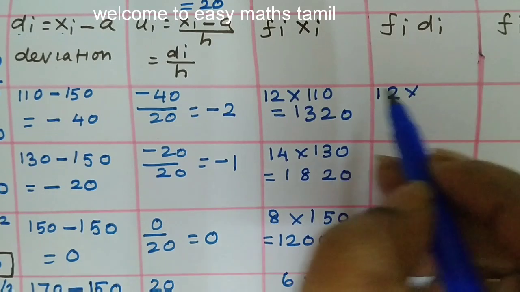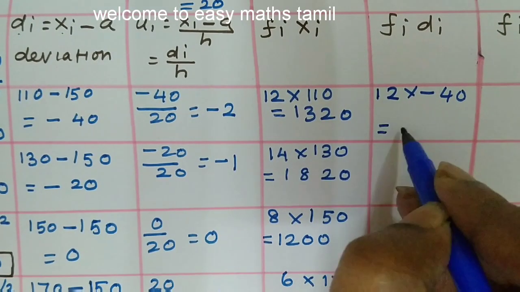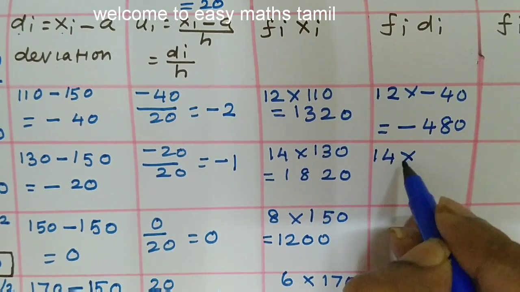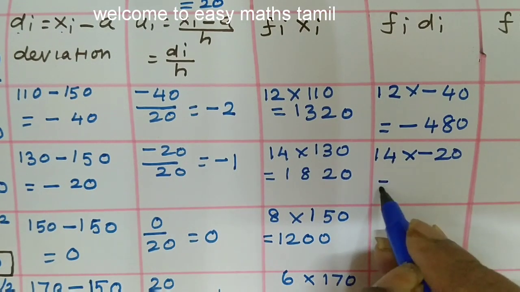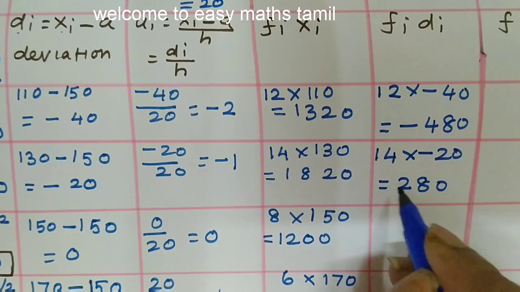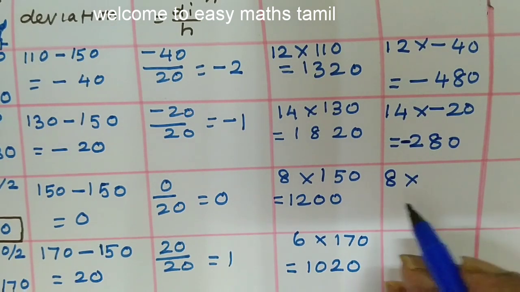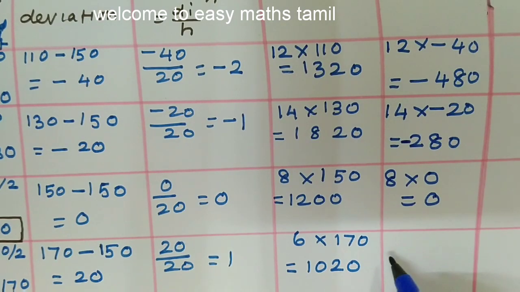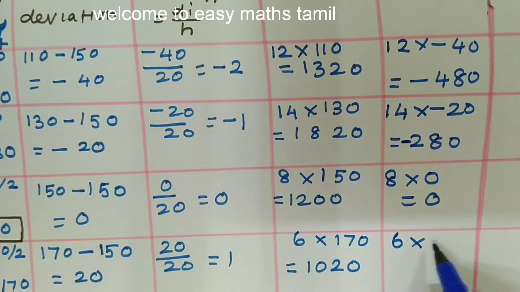Calculate the values of fi into di. 12 into minus 40 is minus 480. Fi is 14, di is minus 20, minus 280. Fi is 8, di is 0, any number multiplied by 0 is 0. Fi 6, di 20, 120.